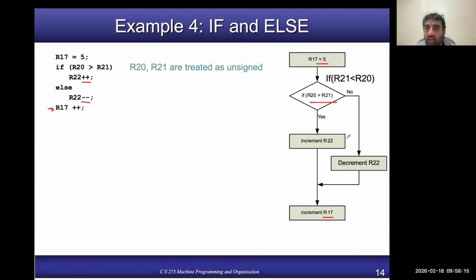The one thing is that the condition if R20 is greater than R21 is the same as saying if R21 is less than R20, right?